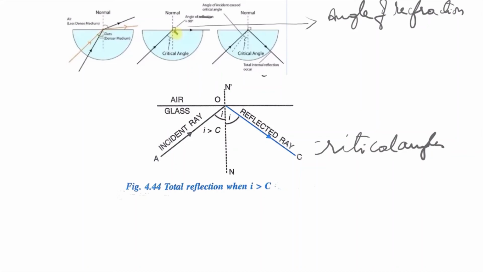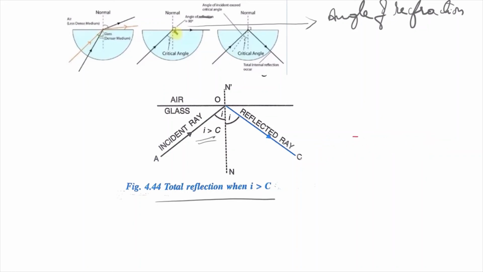Okay, so when I is greater than C, the refracted ray, instead of bending towards the other medium, gets reflected into the same medium. So this is the phenomenon of total internal reflection when I is greater than C. Okay, when is this?